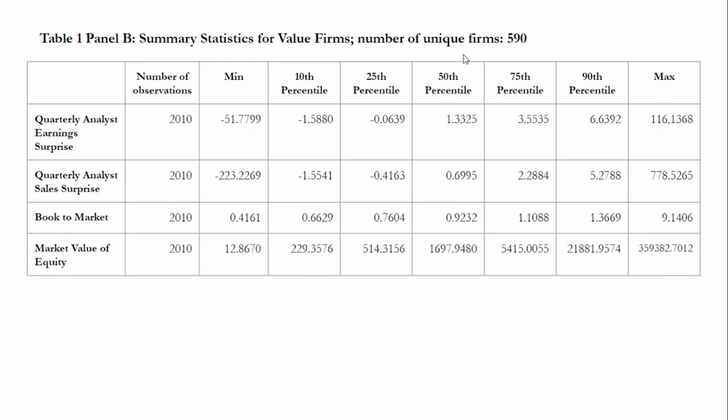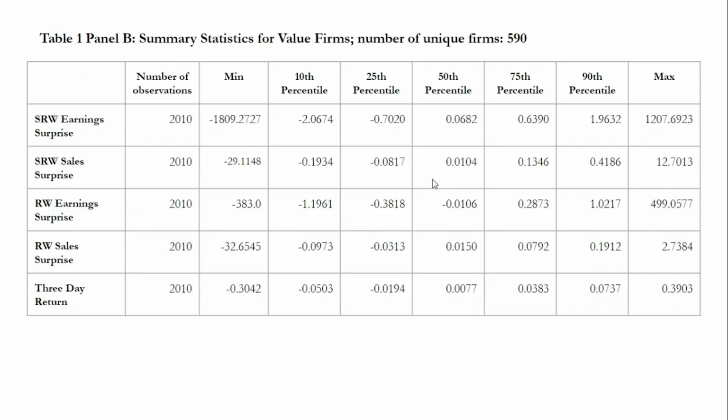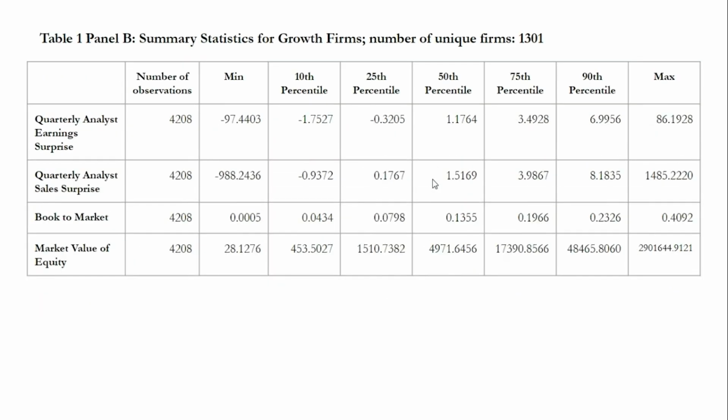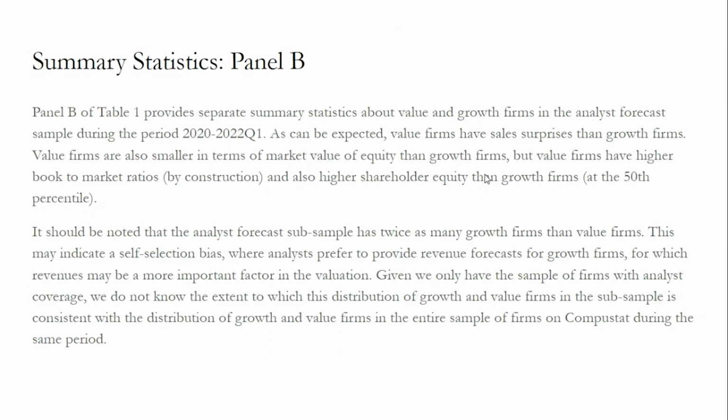So the sales surprise for value firms is 0.69 at the 50th percentile. And then what about for growth firms? Okay, 1.51. Okay, so the growth firms have much bigger, so value firms have smaller sales surprises than growth firms.